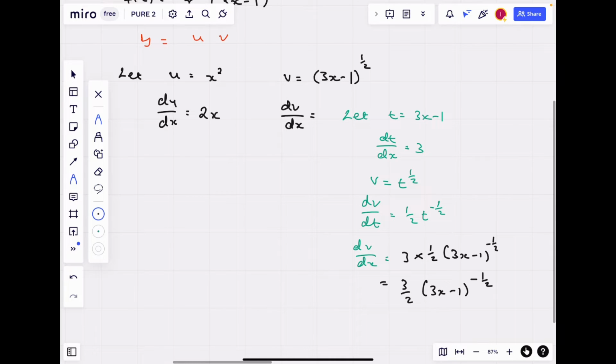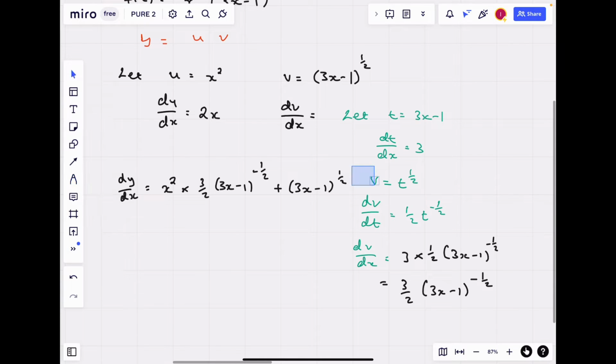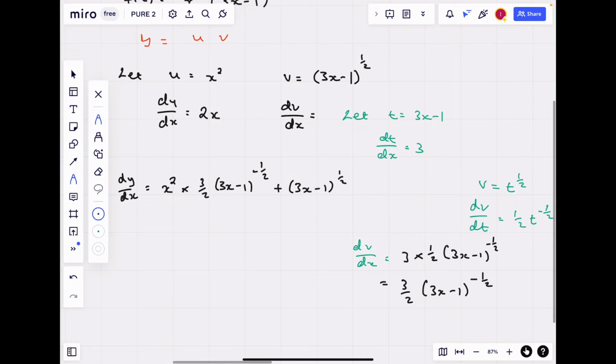So the product rule, dy by dx, will be u, x squared, times dv by dx, plus v, which is (3x minus 1) to the power of a half, times du by dx. Like this. And now it's just a matter of simplifying.